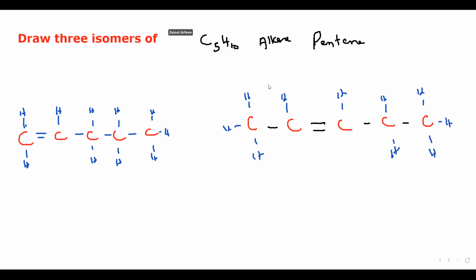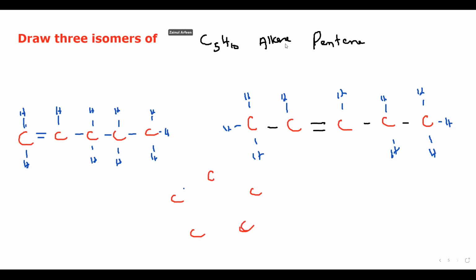Then to make a third isomer, we can make a cyclic. How to make a cyclic? 5 carbon atoms in a cycle: 1, 2, 3, 4, 5.